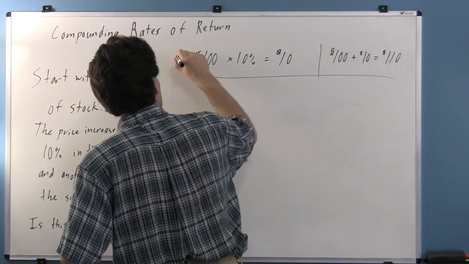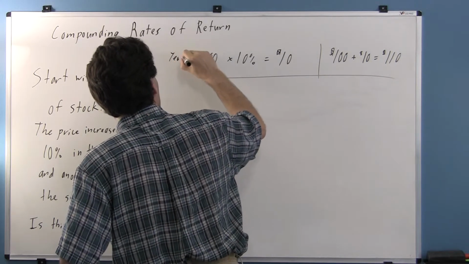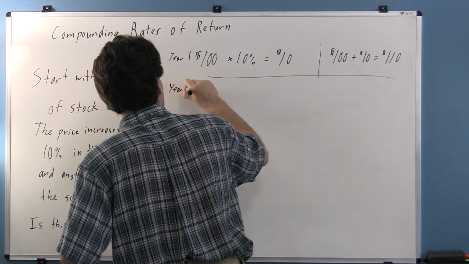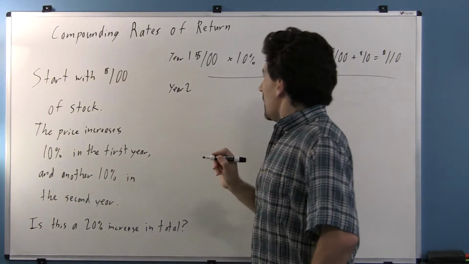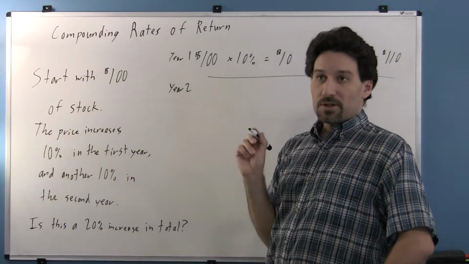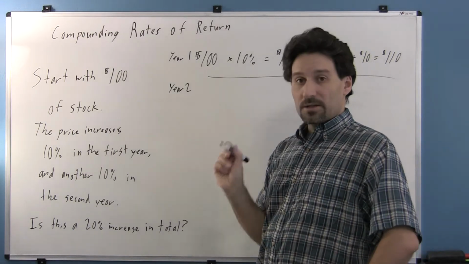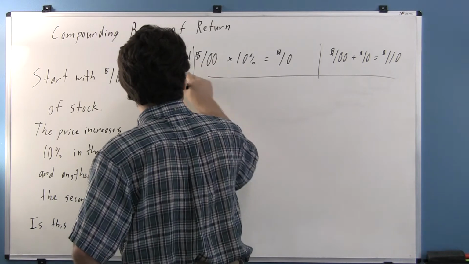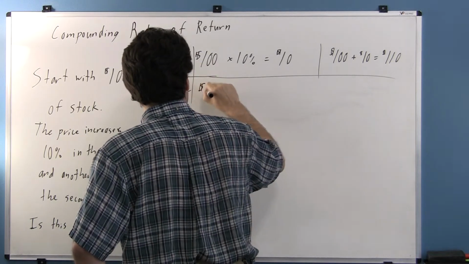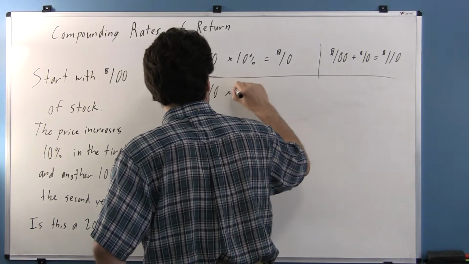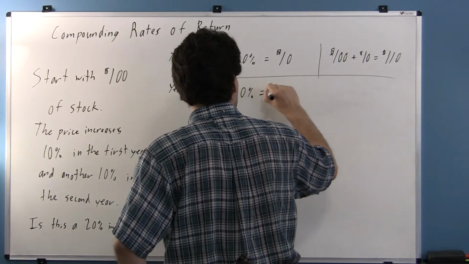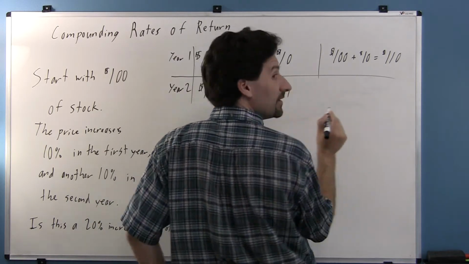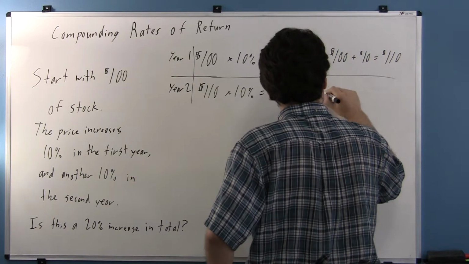So this is year 1, and now year 2. In year 2, we are starting with stock valued at $110. $110 times 10% is equal to $11 this time.